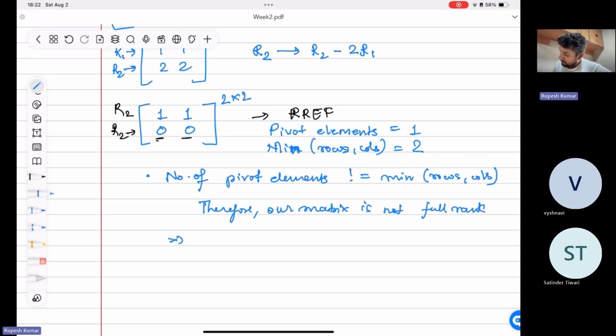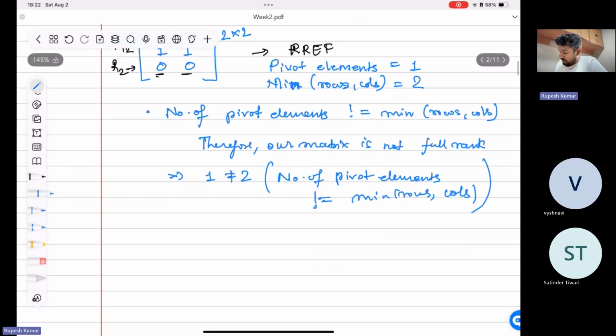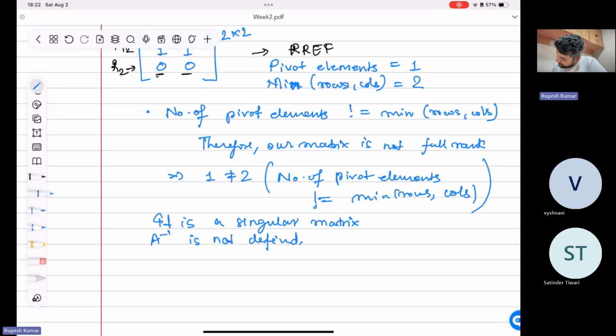That implies the number of pivot elements, 1, is not equal to 2, right? Since the number of pivot elements is not equal to the min of number of rows, columns, our matrix is singular, right? It's not a full rank matrix. It is a singular matrix, right? So A inverse is not defined, right?